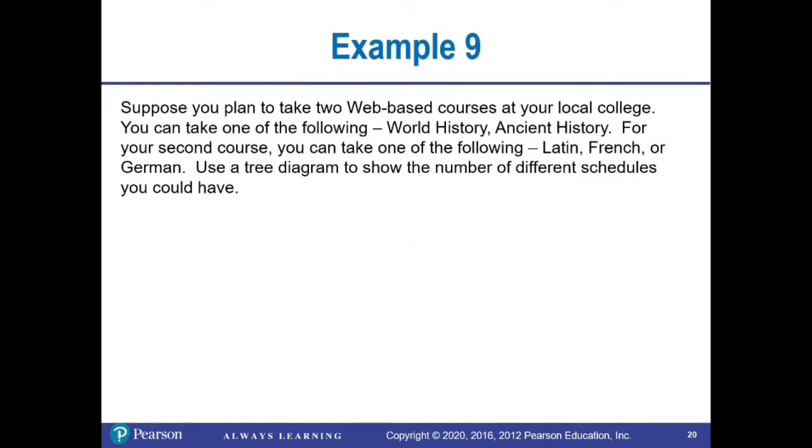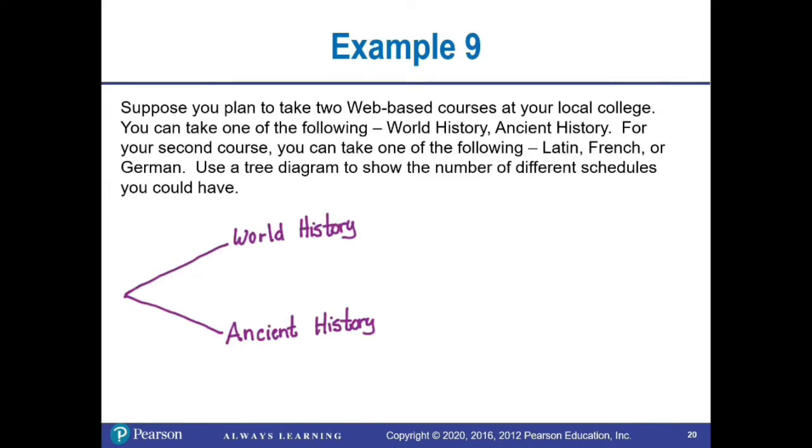Suppose you plan to take 2 web-based courses at your local college. First, you can choose a history: world history or ancient history. For your second course, you can choose a language: Latin, French, or German. Let's use a tree diagram to show the number of different schedules you could have. So first, we choose a history, world history or ancient history.